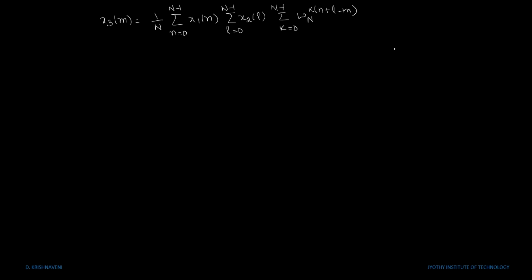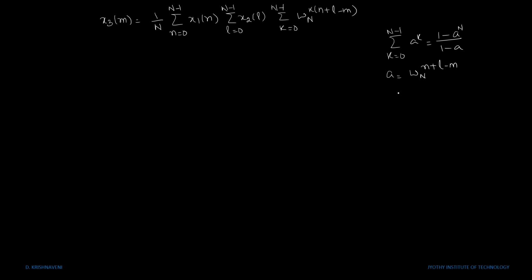Now this is of the form summation k equal to 0 to N minus 1 a to the power of k. We can write it as 1 minus a to the power of upper limit plus 1 by 1 minus a. a is equal to W_N to the power of n plus L minus M.